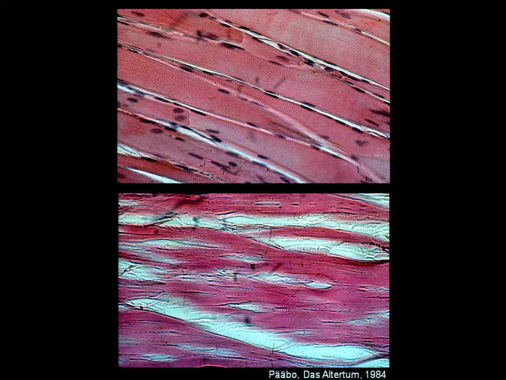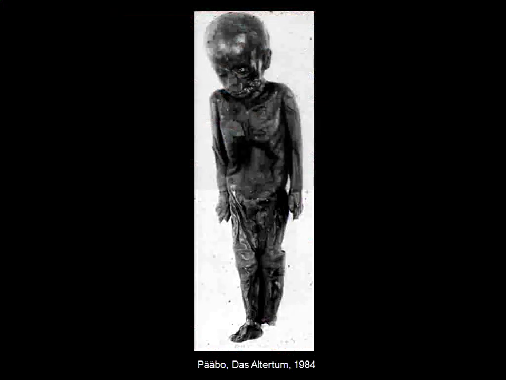In the Egyptian muscle, there are no intracellular structures, no cell nuclei. But in some rare cases, there are anecdotes. This is the first mummy where this worked, a 2,700-year-old mummy from Egypt.